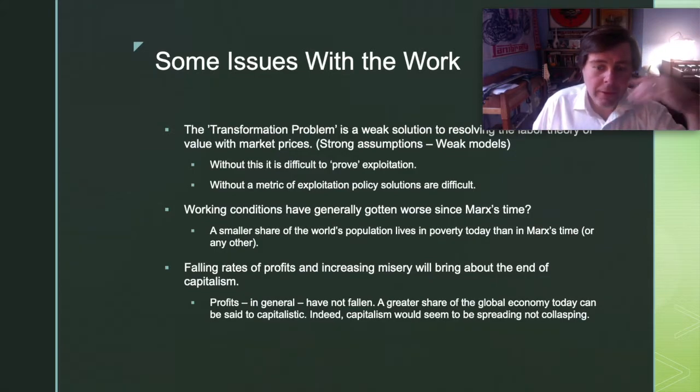Okay. Finally, falling rates of profits and increasing misery will bring about the end of capitalism. Well, profits in general, we can look at the data, haven't fallen. Furthermore, a greater share of the global economy is capitalistic today than at any other time in history. Capitalism is spreading.